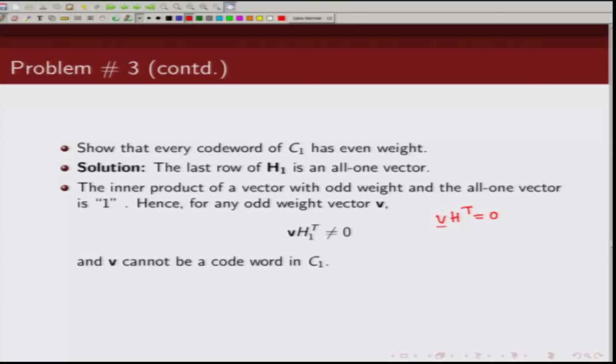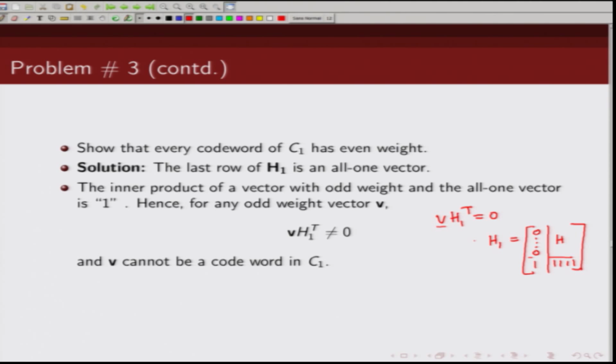You will essentially get the sum of the entries. H1 transpose is given like this: this is all zeros, you have your parity check matrix H, and you have here the all 1 vector.